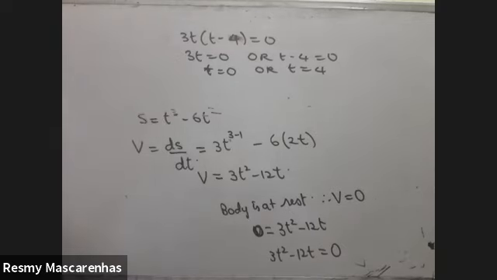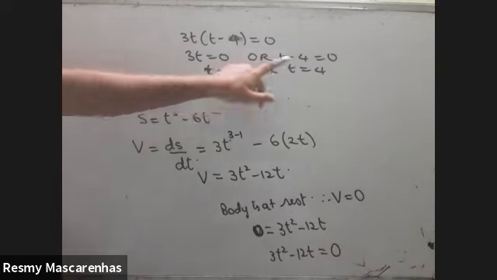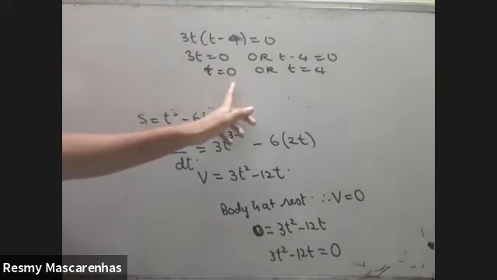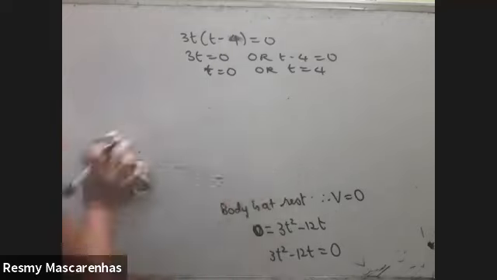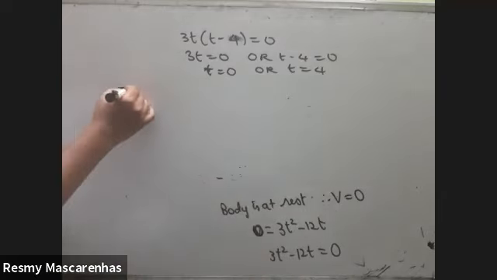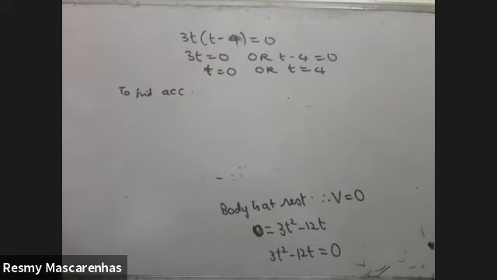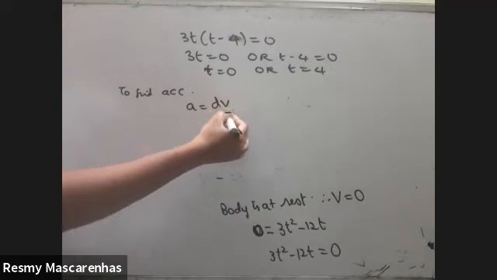Now we have to find acceleration. Acceleration at which point? One at t equals to 0 and one at t equals to 4. So these were the two times when body was at rest. Now we'll calculate acceleration. We are finding acceleration now. So what is acceleration? dv by dt.